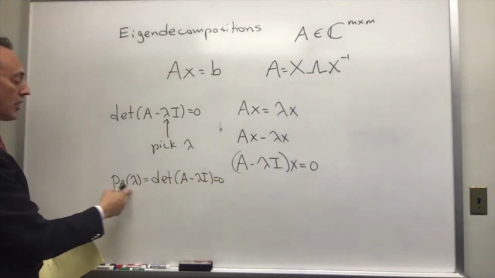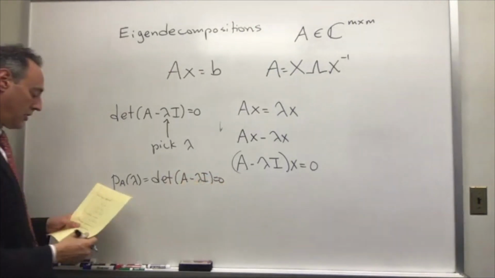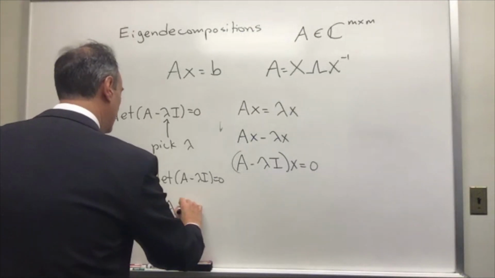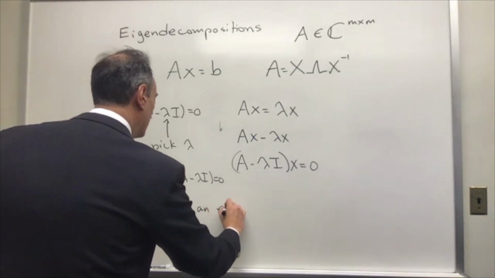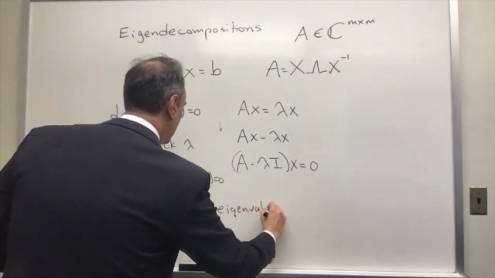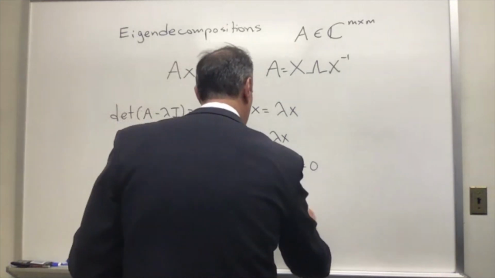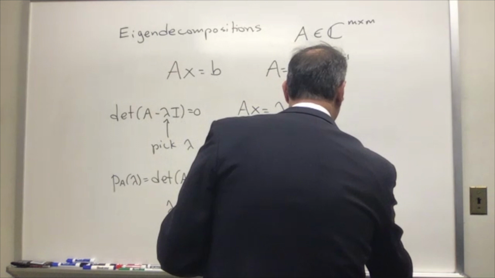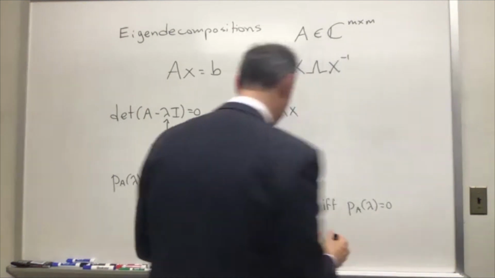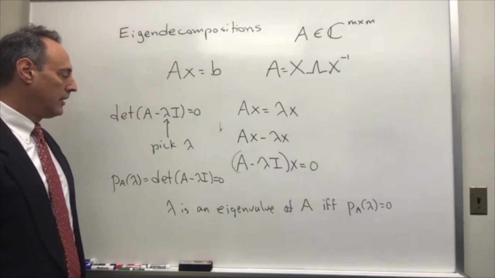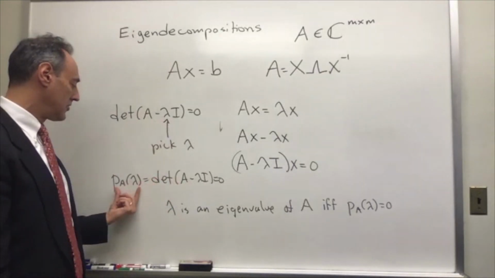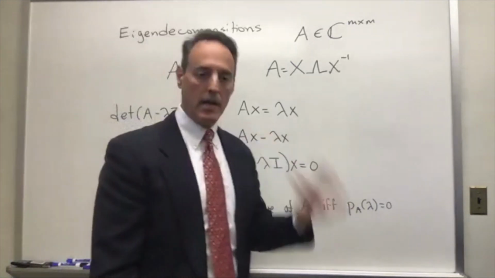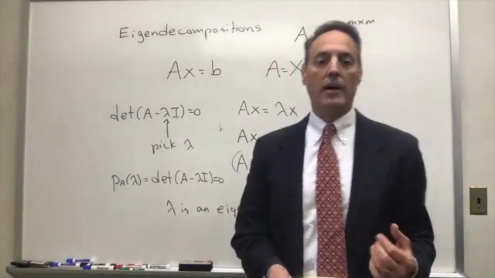And what I'm looking for is the roots of the polynomial such that they're 0. In fact, lambda is an eigenvalue of A if and only if that polynomial is 0. Okay, so if you find a lambda value that's a 0 for this polynomial, you've got yourself an eigenvalue. That's exactly how we find the eigenvalues.